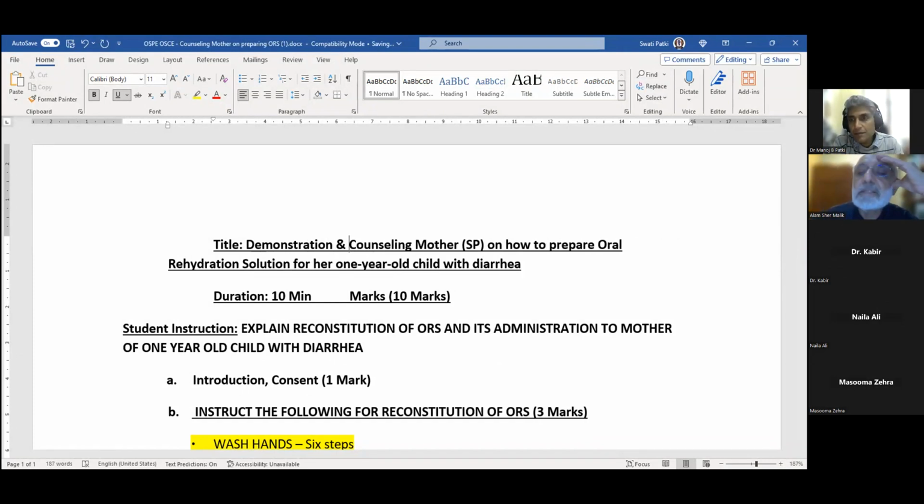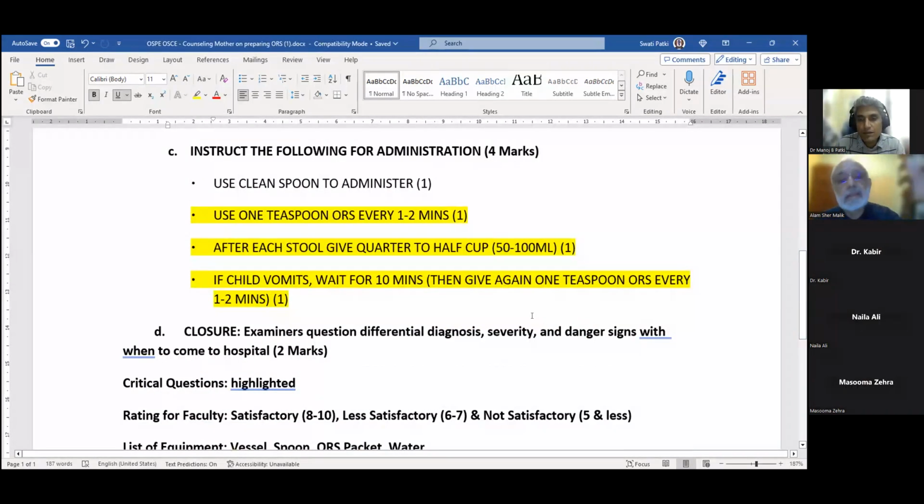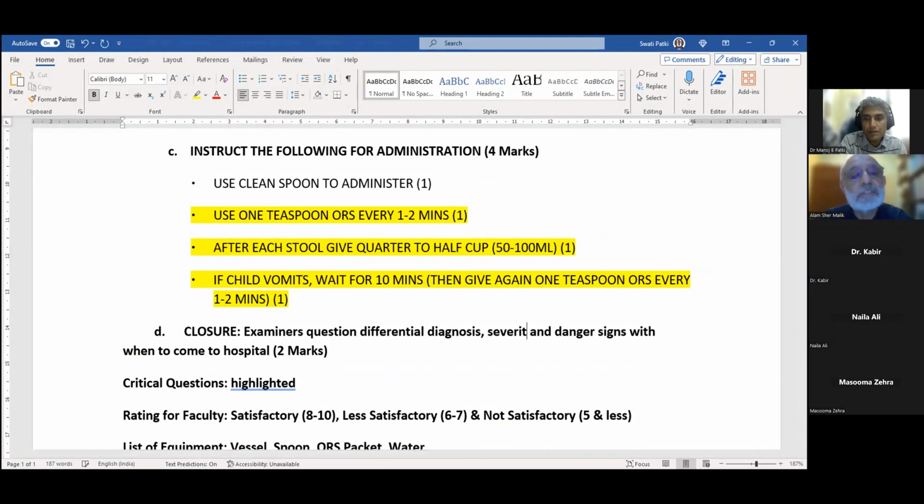I think the last step, the severity, may not be necessary. And when you want them to instruct the following for administration, here you have to mention to the student which degree of dehydration you are talking about, because the giving of oral fluid would change if the degree of dehydration is different.